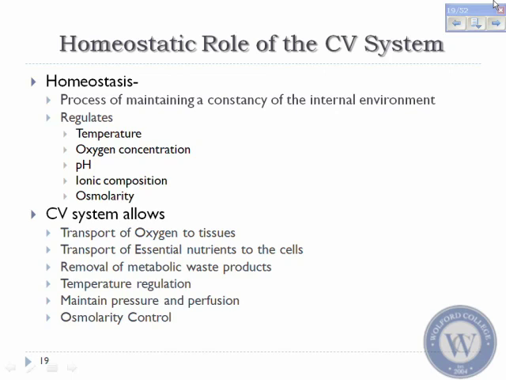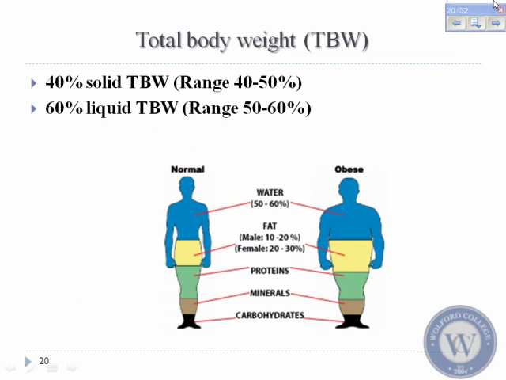And the other thing is, of course, the cardiovascular system maintains good, tight osmolarity control. Total body weight, we account for that we're basically big bags of water. We're about 60% liquid in our total body weight. Okay, so we're essentially a big bag of water, in which most of this compartment is not inside the vascular tree.